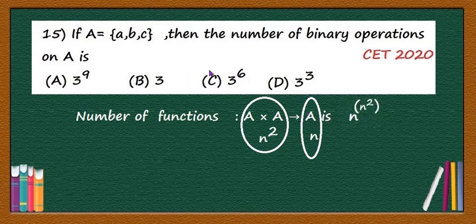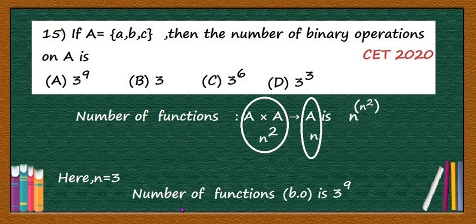In this problem, A has 3 elements, that is n of A is equal to 3. Therefore, the total number of binary operations, or the number of functions that can be defined from A cross A to A, is 3 to the power 3 square, that is 3 to the power 9. Therefore, the correct answer for this question is option A, that is 3 to the power 9.